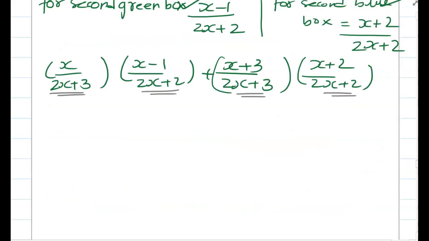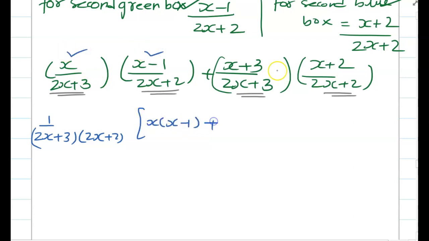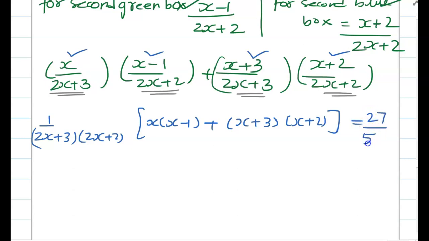Once we take them outside, it will be 1 over 2X plus 3 and 2X plus 2, and what is left here, X minus 1, and X plus 3 and X plus 2. And this probability is given as 27 over 55. It is given in the question, 27 over 55.